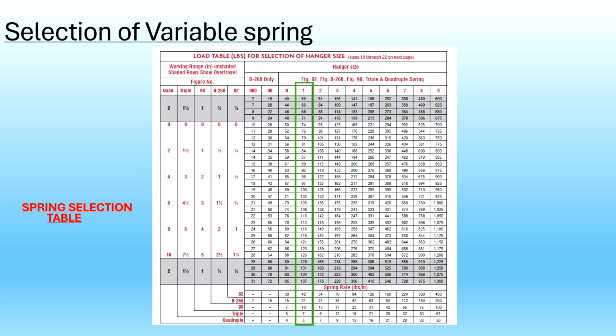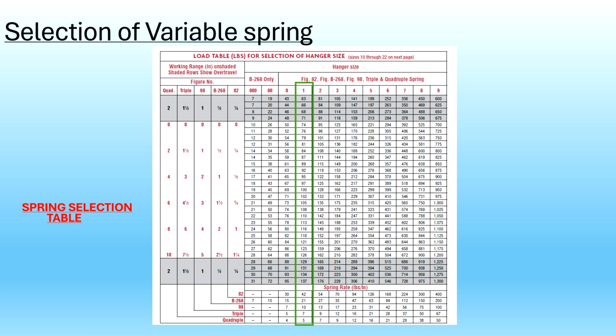At the same time I need to check the load also. My load should be within this range. The cold load as well as the hot load should both be within this column. We should try to provide the hot load at the center during the selection of the spring, and the cold load will be nearby that.